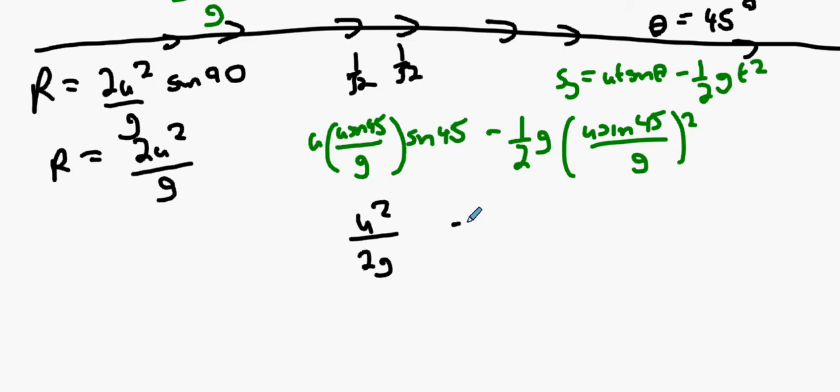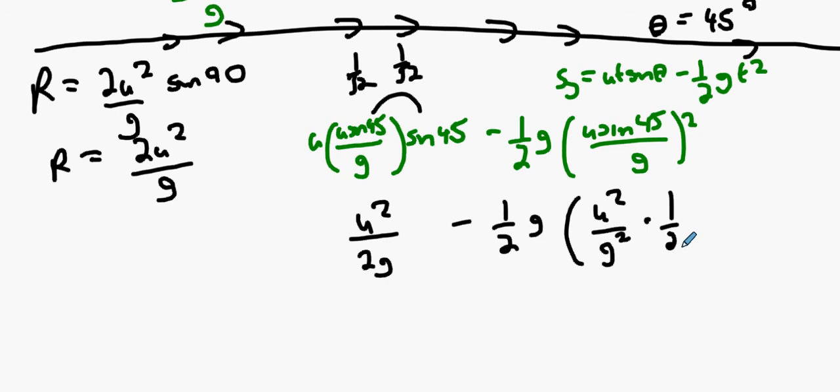It's going to be minus a half g, and then u squared over g squared. Sine 45 multiplied by sine 45, which we already know is a half. Okay, so let's see what cancels. U cancels with that one.